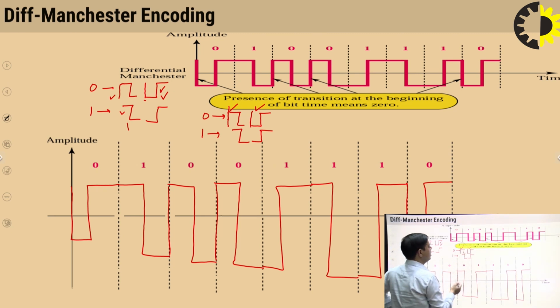In case of 1, if we are at the top side, or you can say above the baseline, then we will use this Z. If we are at the bottom, then we will use this Z. In that way, this digital data will be converted into digital signal by using differential Manchester encoding. And these are very important topics, they always come in the exams.